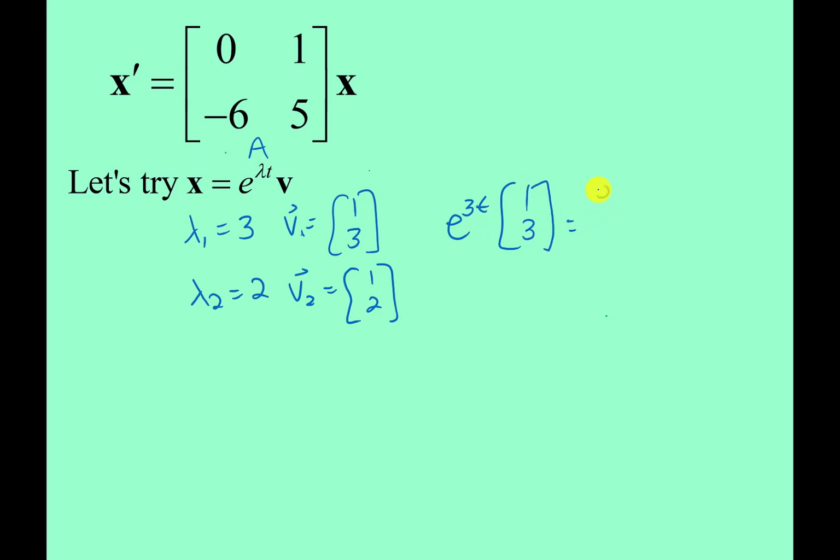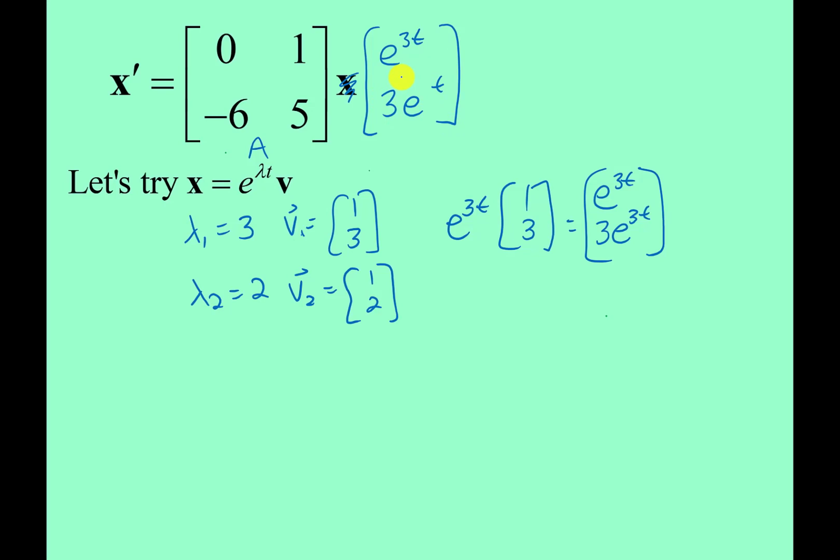Let's distribute that through. That would be e to the 3t and 3e to the 3t. What if we took that and put it right here and see if it's a solution? So for the x, we're putting in e to the 3t and 3e to the 3t.